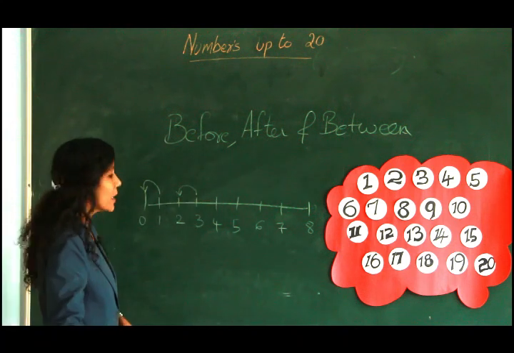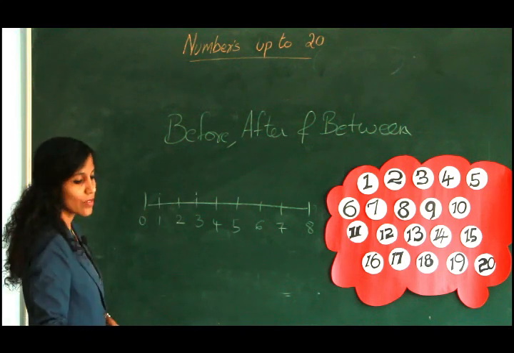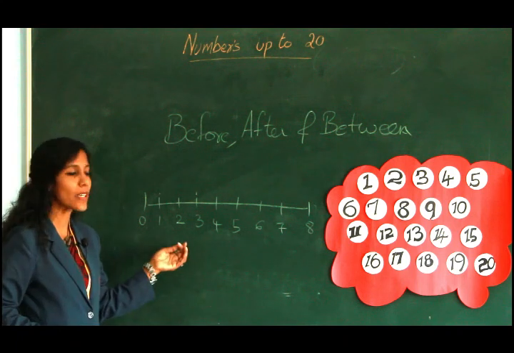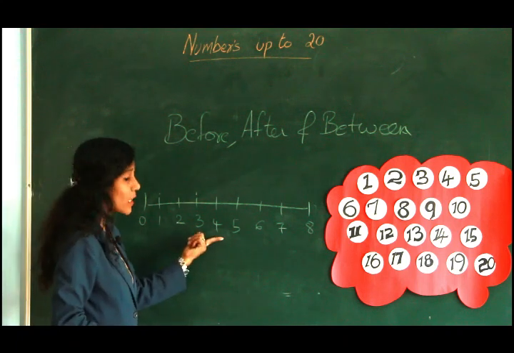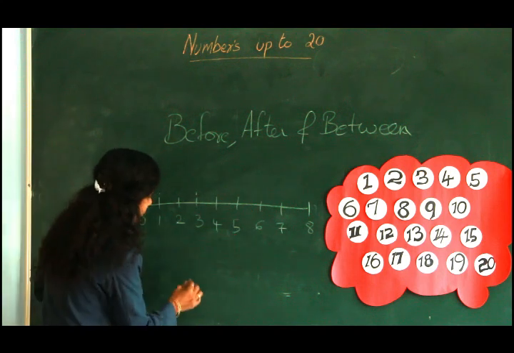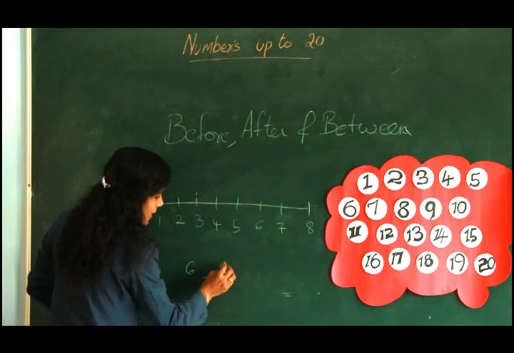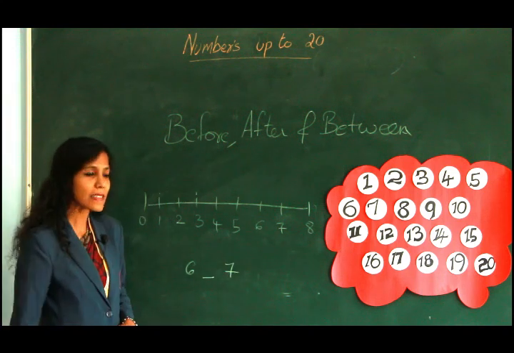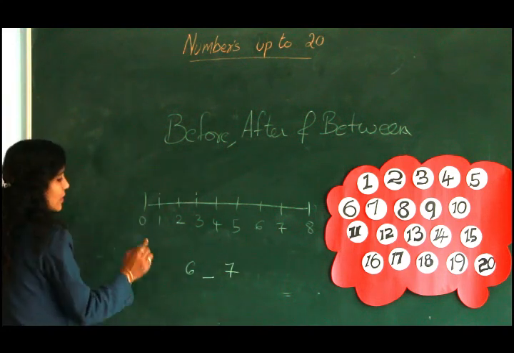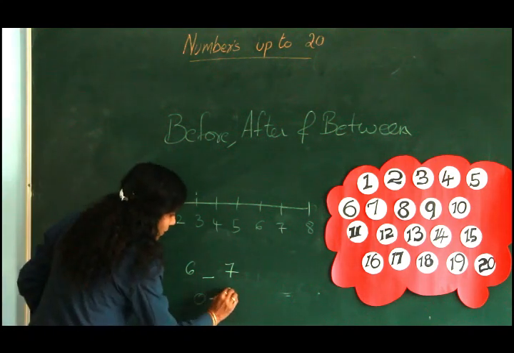The after number is the number which comes just after the given number. Taking the option of 4, the number just after 4 is 5. Now if I take 6, the number just after 6 is 7. The number just after 0 is 1.